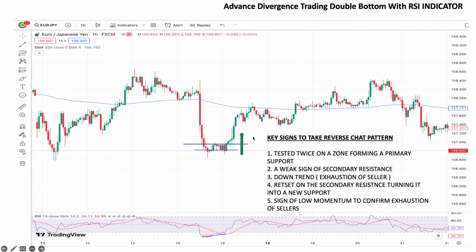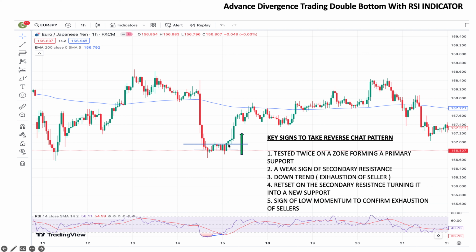And same thing for advanced divergence trading double bottoms with the RSI indicator. So first, number one, it has to test twice on a zone forming a primary support. Secondly, you have to look for a weak sign of secondary resistance. Thirdly, you have to look at it and confirm it is a downtrend through the moving average, so exhaustion of sellers.